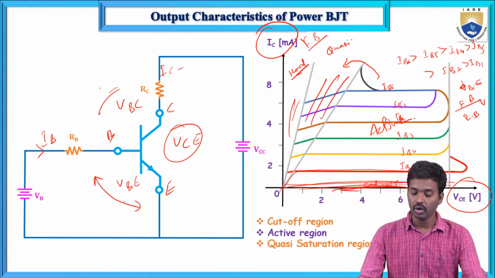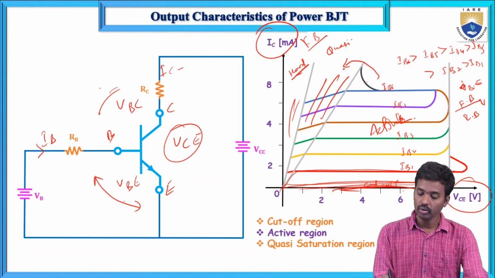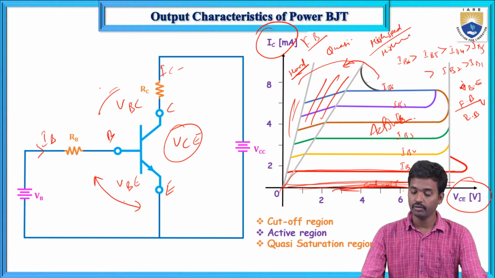From on to off, off to on: from quasi saturation, we can quickly switch on to off or off to on. Quickly means we can use it for high speed, fast response applications, and for high frequency applications we prefer quasi saturation.